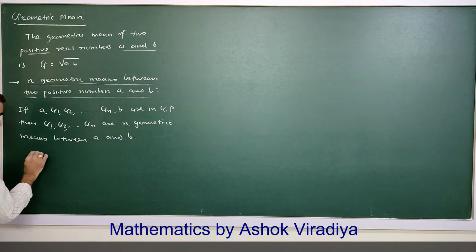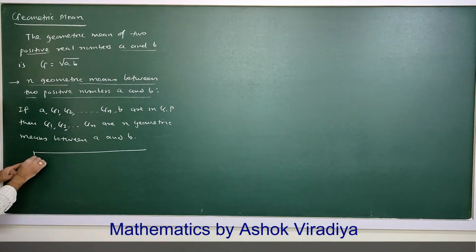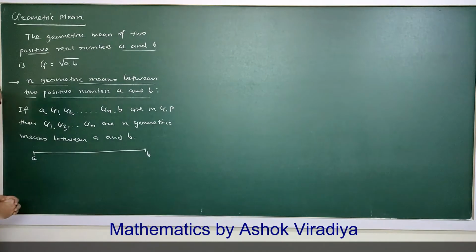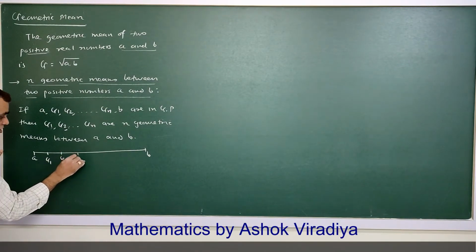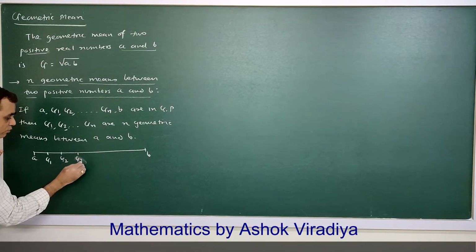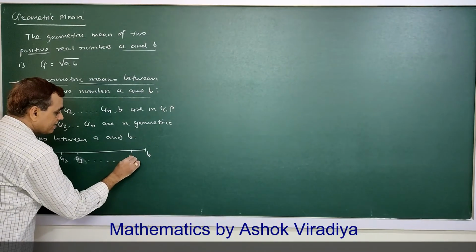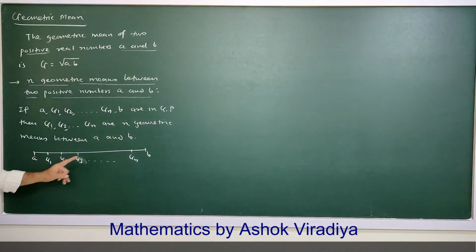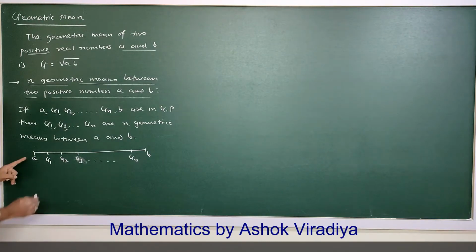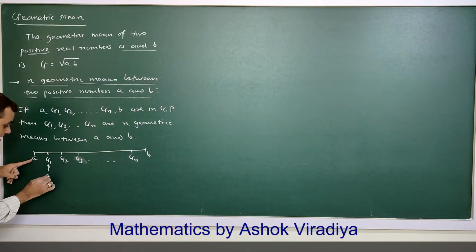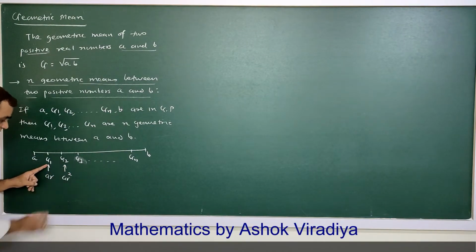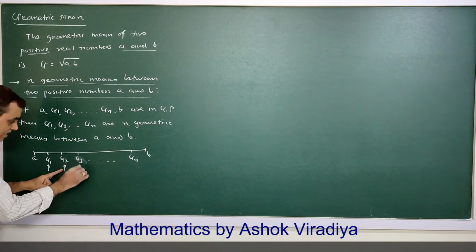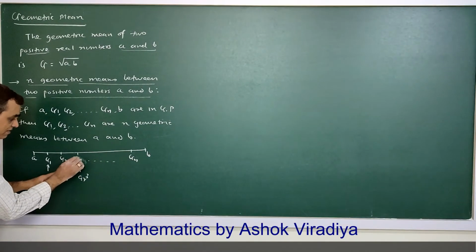So see, here suppose this is A, this is B. Between A and B, n geometric means, that means suppose this is G1, G2, G3. I am not talking about arithmetic progression. This is Gn, because these are in GP. So this is A, the next number will be A into R, next AR square, next AR cube. G3 will be AR cube.